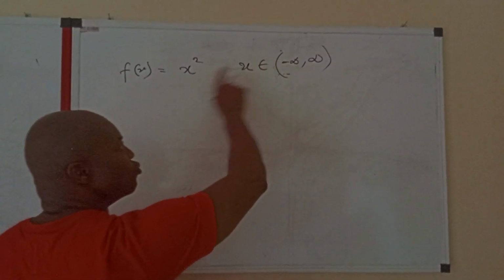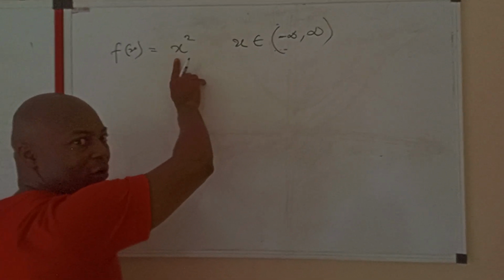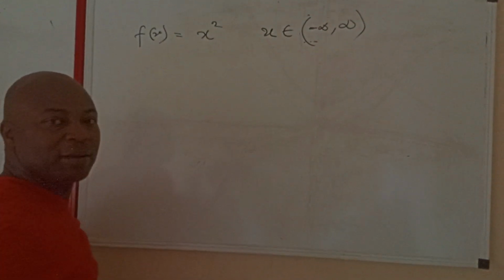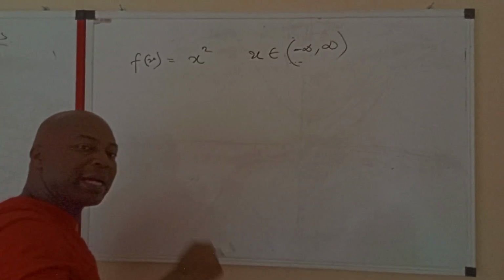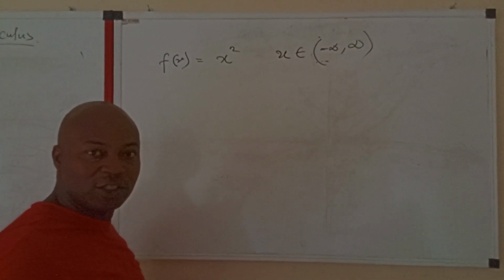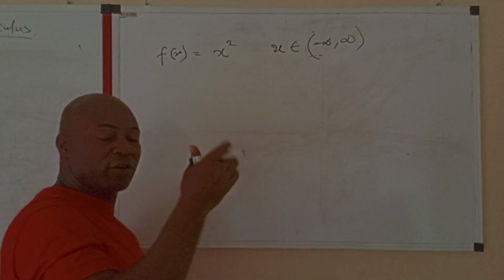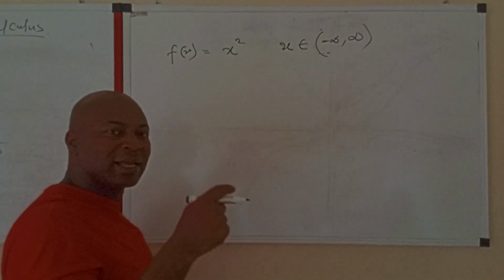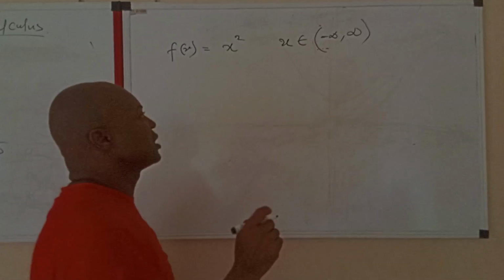If you put minus 2 inside, minus 2 times minus 2 gives you plus 4. If you put minus 3 times minus 3, it gives you plus 9. If you put minus 4 times minus 4, it will give you plus 16. So you see, the thing increases from 0, but the answer they give you is not a negative number. All of them are positive numbers.